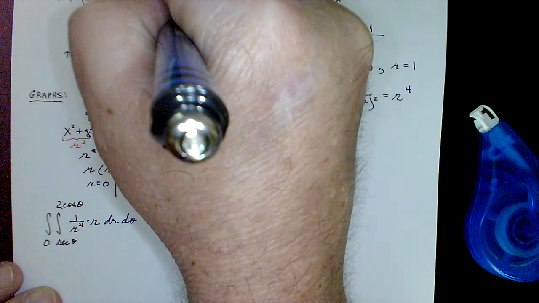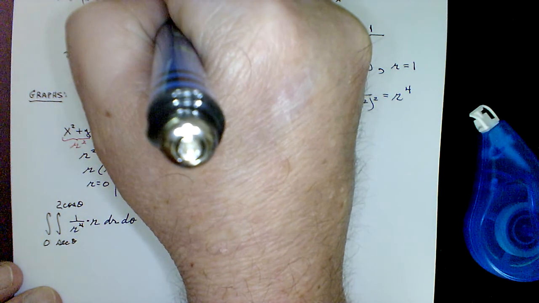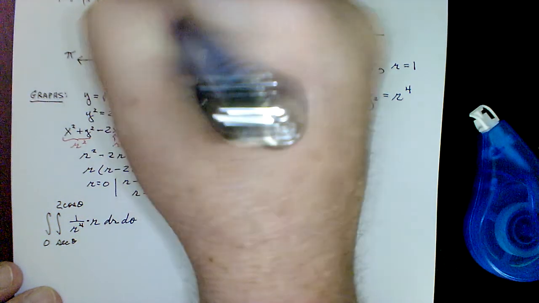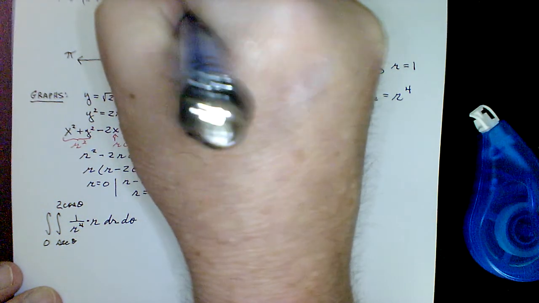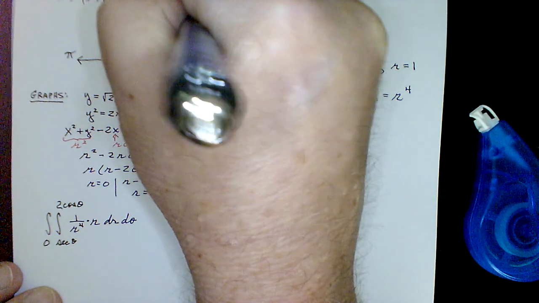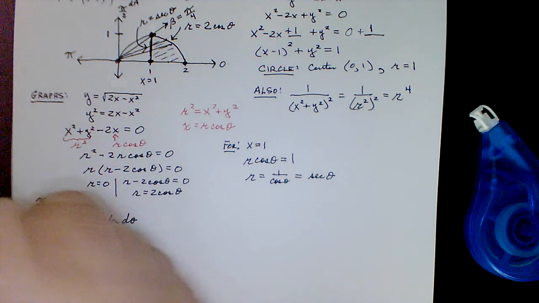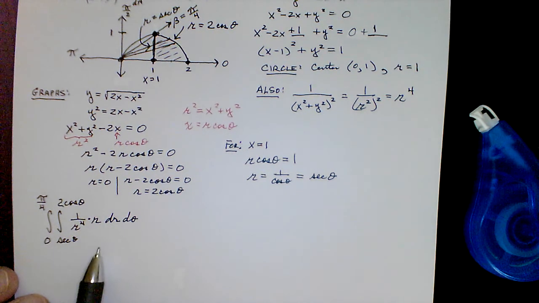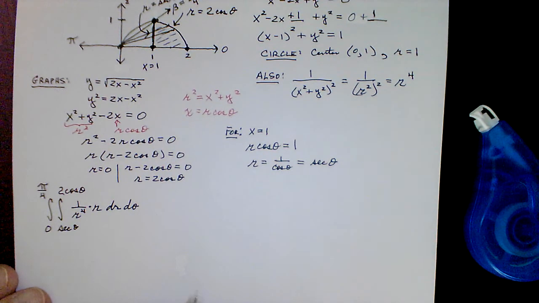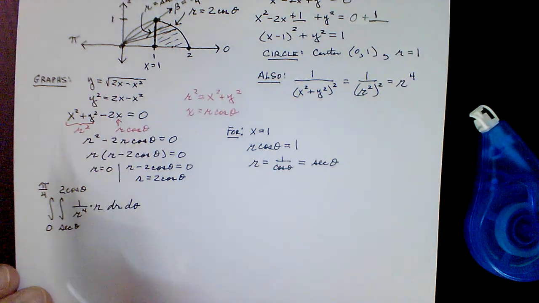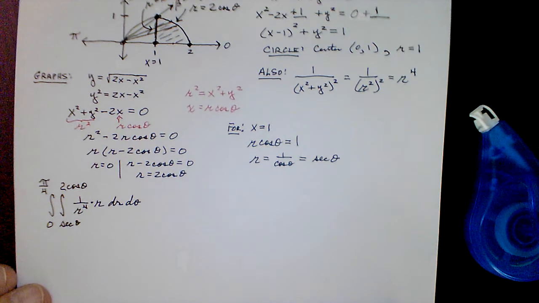So this value that we'll call beta, because that's the upper limit of integration, would have to be pi over 4. Okay, so quite a complicated setup. I'm going to stop right there. We'll come back, we'll recap this, and finish it off in the next part.